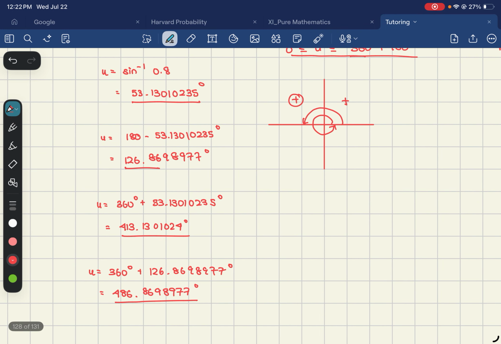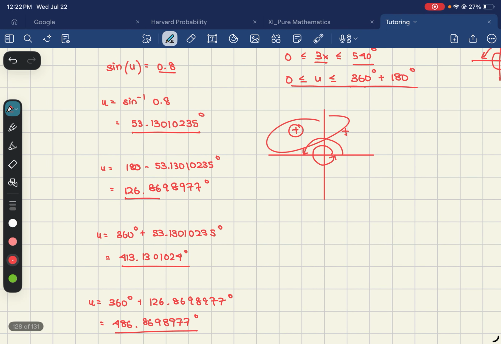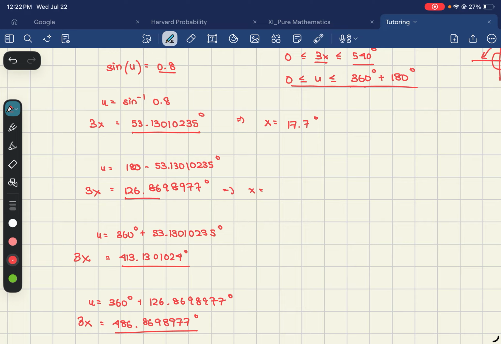All right. And now that I have my 4 solutions, remember, u is just 3x. And the question did not ask me about u, it asked me for 3x. So x from this, I know, is going to be 17.7 to 1 decimal place degrees. From this, x is going to be 42.3 degrees.